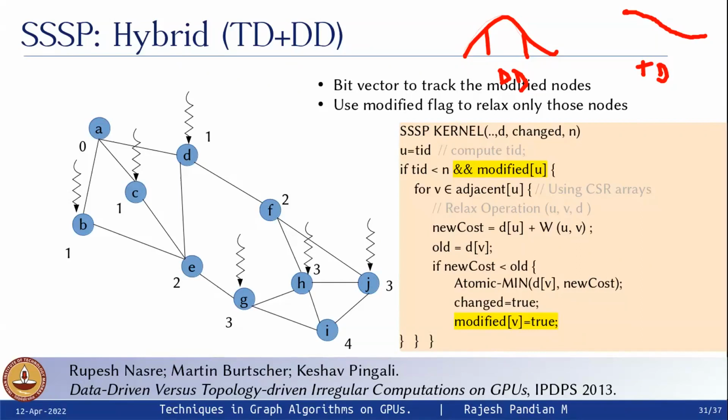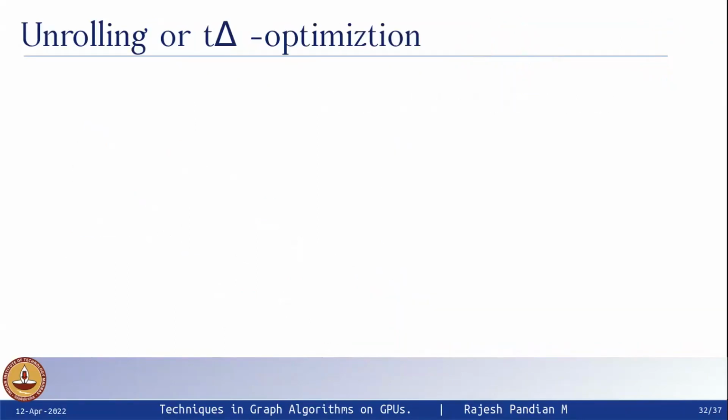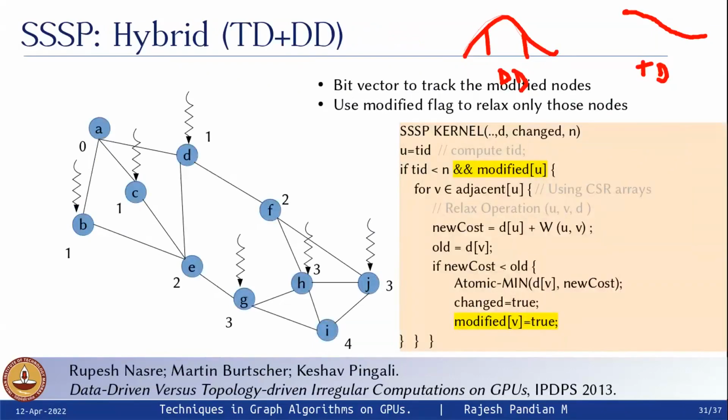Yeah, my answer is it will not have, but we have to check. It will not have, but I don't have a proof as such. This is my thought as of now. Sure. So in case of, let's say, BFS, which was there on the slide, how do data driven and topology driven happen across iterations?